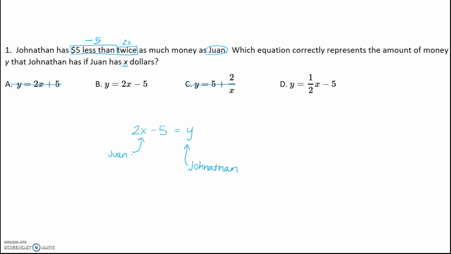So let's make sure this reads right. Jonathan has $5 less than twice as much money as Juan. All right, looks good to me. I didn't see half anywhere in this situation. So my answer is B.